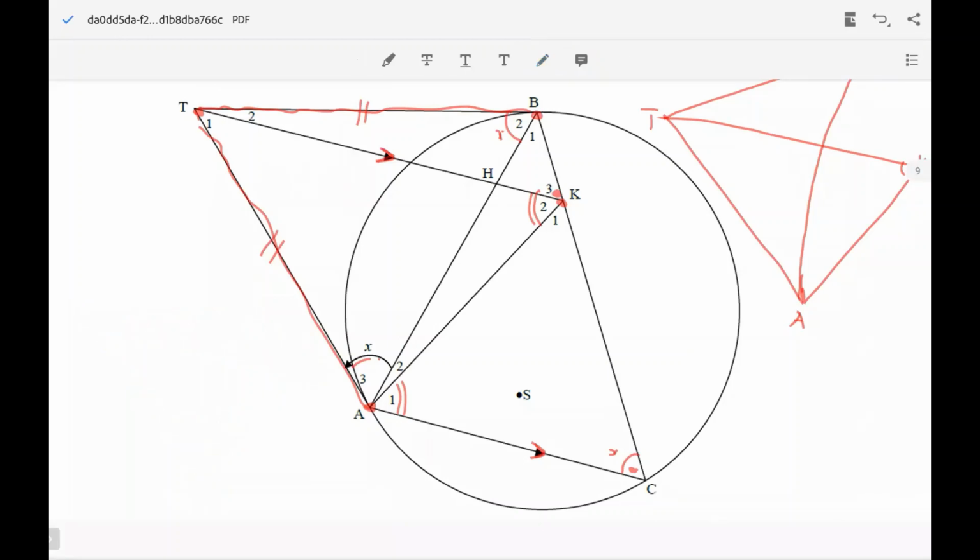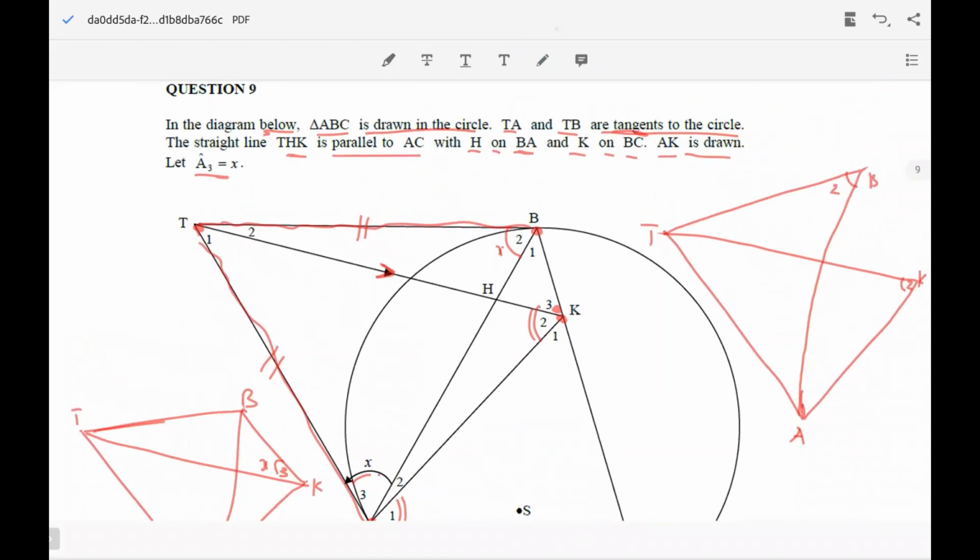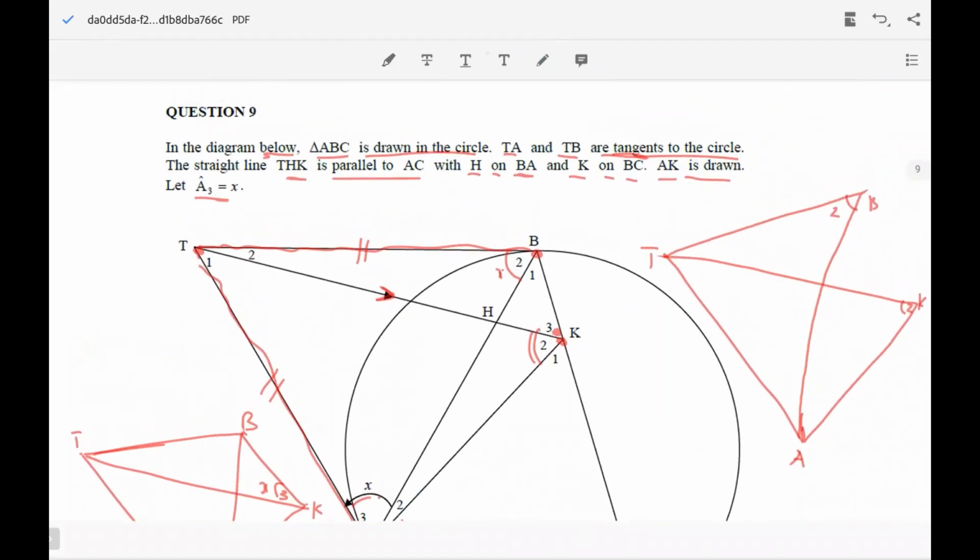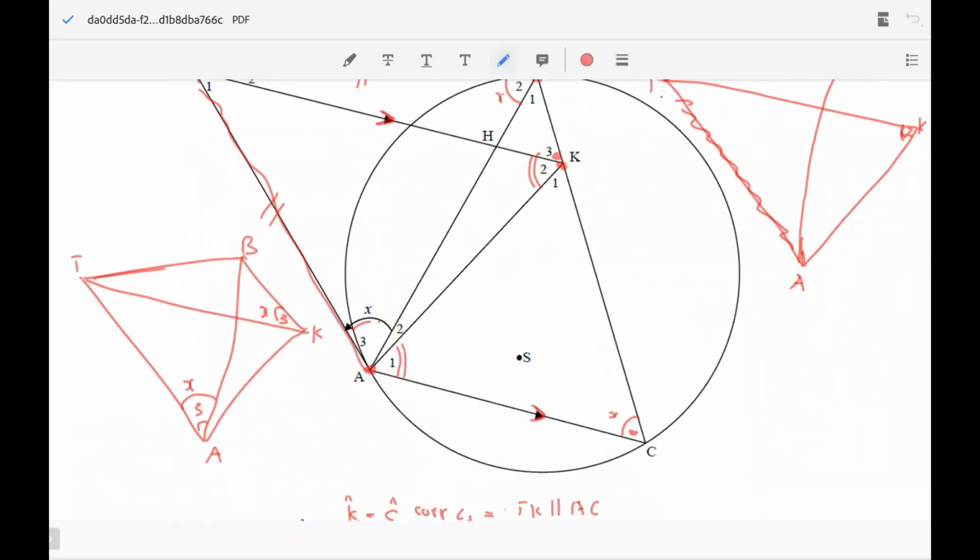So you realize that it is better to focus on TB than focusing on TA. Remember, you can focus on any of the four sides. So focusing on TA would not give us proof that B2 equals K2, but then changing our focus to TB, we can indeed see that our angle A3 is equal to angle K3.